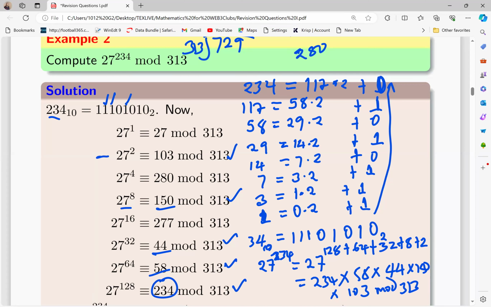You can see binary numbers are really helping us in picking the final results, what we are supposed to multiply. So let's multiply that mod 313 and tell us the answer. That is 234 times 58 times 44 times 150 times 103, mod 313.